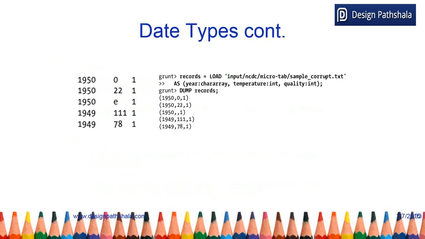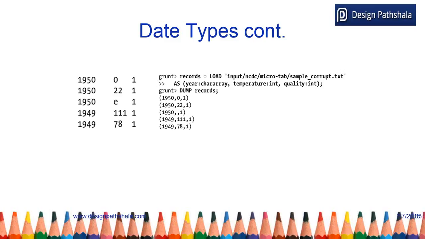For example, I have the temperature data, where the first column is the year, the second column is the temperature, and the third column is the quality. I'm trying to do some analysis on this data, and I have loaded the first column as chararray, the second column as integer, and the third column as integer.